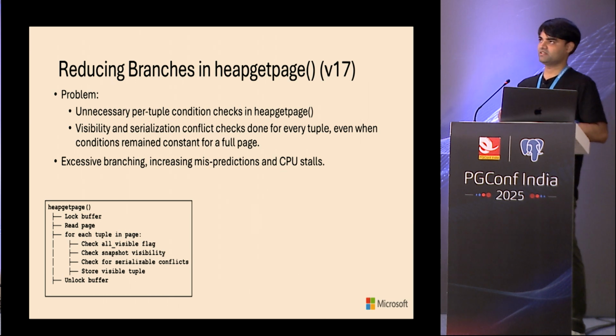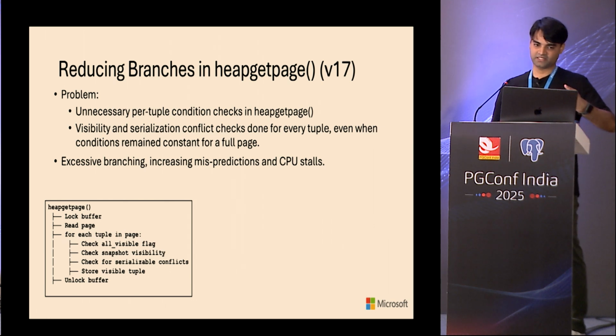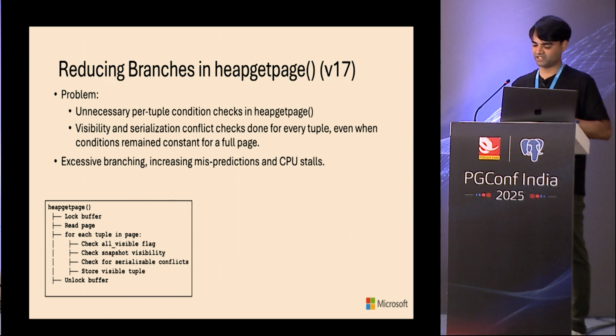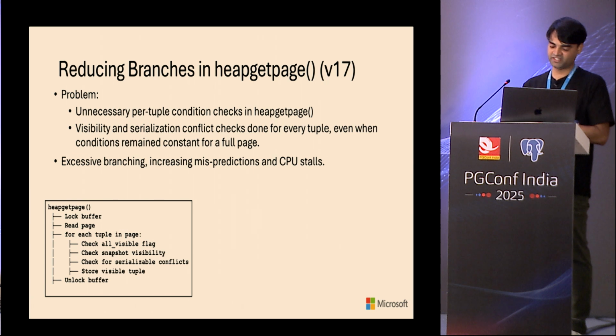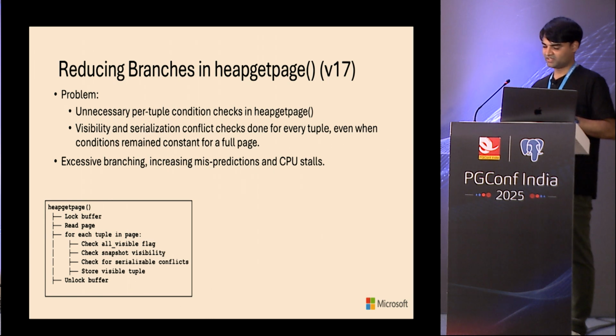So this is something not part of the executor itself, but the module that it calls. It's a function in heap AM. If you have a sequential scan, it basically wants to read all tuples in a relation. So it will call heap AM's heap get page, a function to get tuples on a given page.